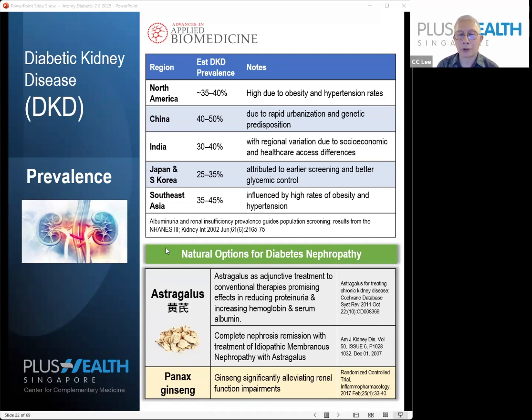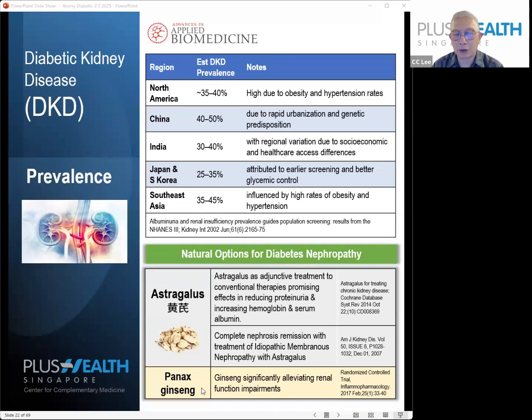Now, what are the natural options for diabetic kidney disease itself? If you are suffering from it, what are the compounds that can help you protect your kidney, right? So there are two compounds. Again, these two are famous TCM herbs itself. Astragalus membranaceus, in Chinese called huangqi, right?